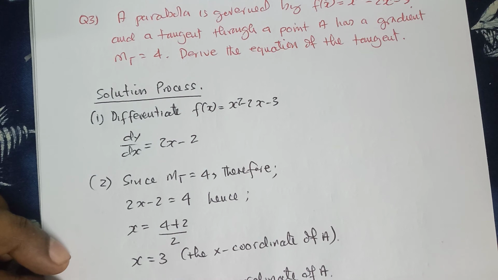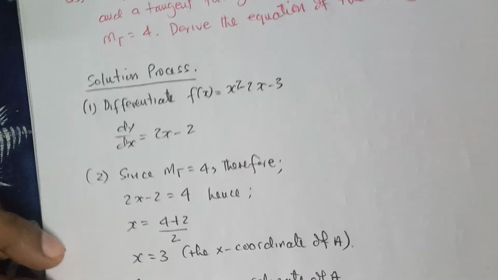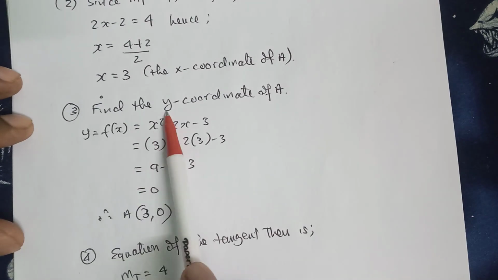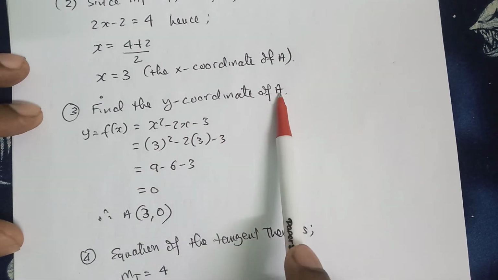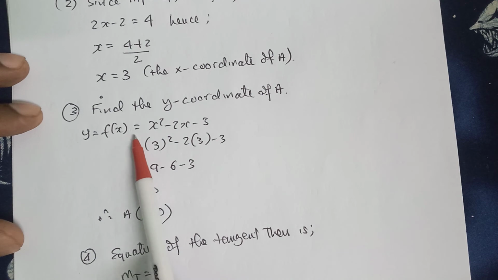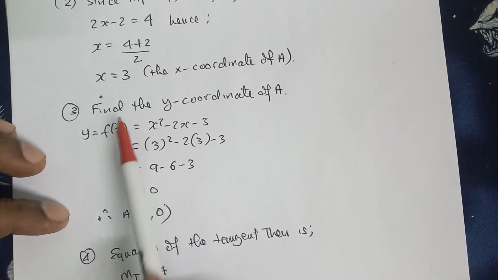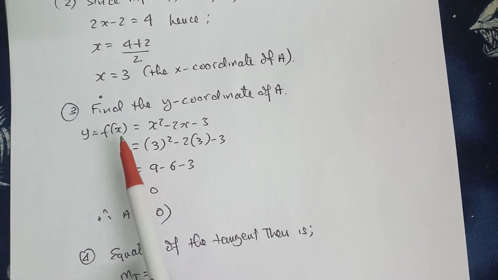Next, we need the y coordinate. So we take the x coordinate and substitute it into the function of the curve, not the gradient function. Understand that. Make that distinction.